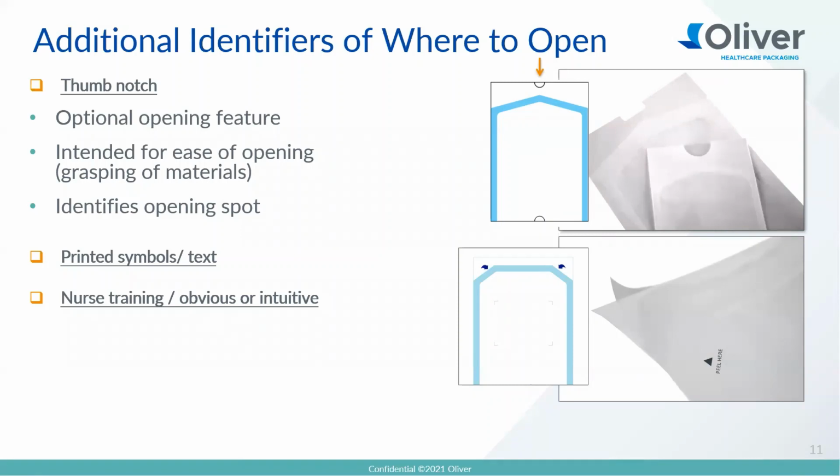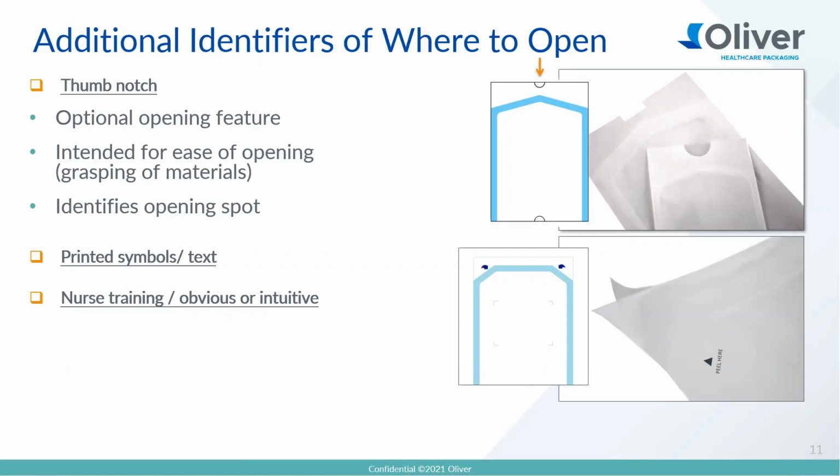It's intended basically for ease of opening. That's really the main point of the thumb notch. It also identifies the opening spot, so it really is a pinpoint place to go to.